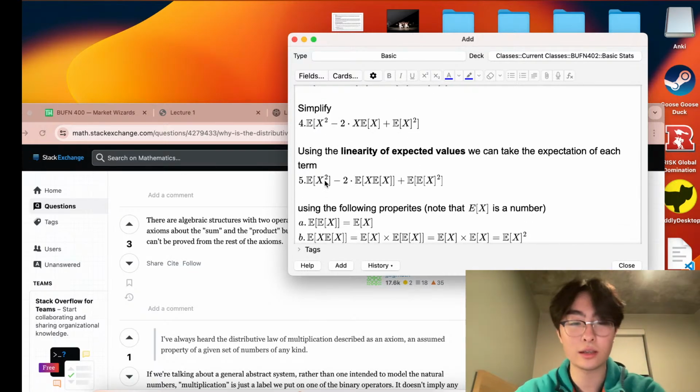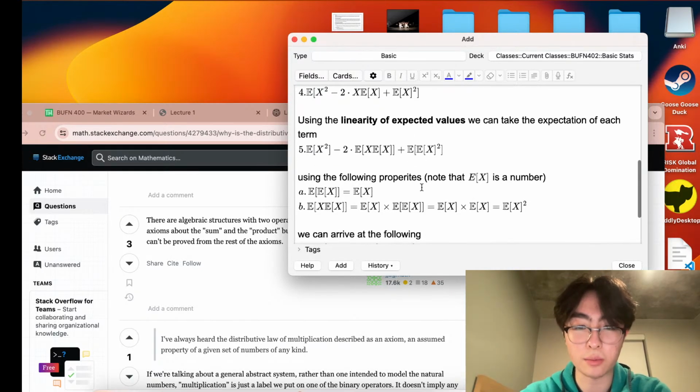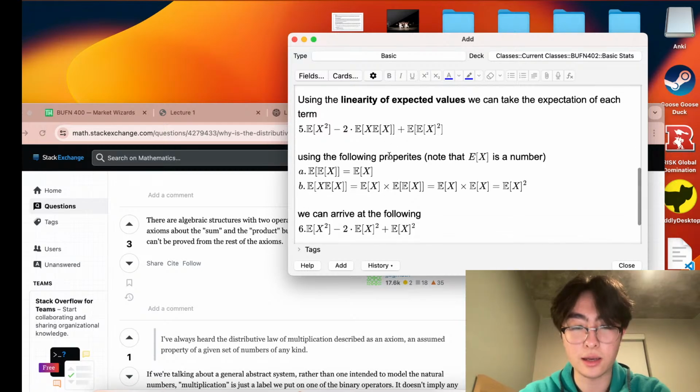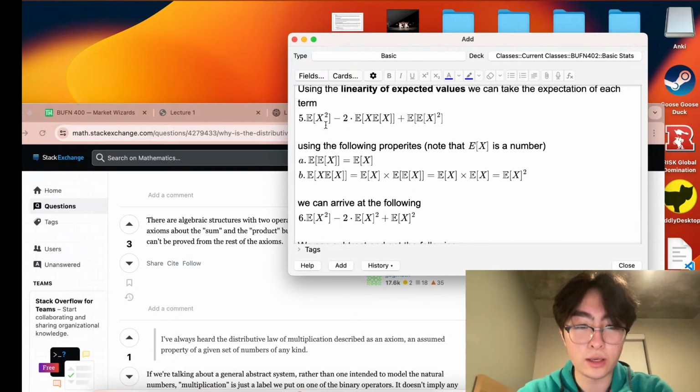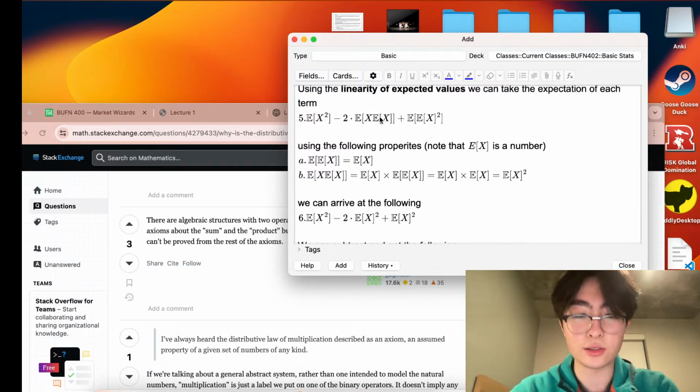This is where we had to make that epiphany that if you take the expected value of an expected value, it just gives you the expected value. That's a really nice property that can help us get to something more meaningful. So we can take this right here, and we can treat ex as a constant because we know that from property A, and then we have a random variable here.